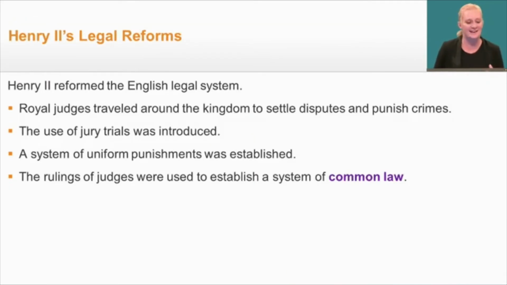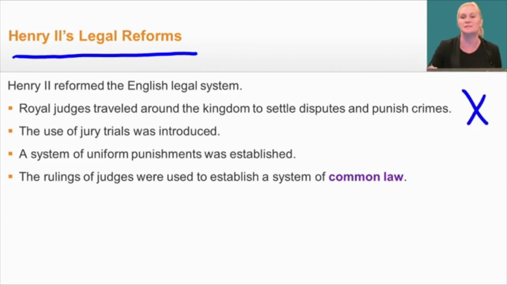Now, Henry II instituted a lot of legal reforms, and some of these legal reforms still stand true in our society today. Let's take a look. Royal judges traveled around kingdoms to settle disputes and to punish crimes. Remember this word right here, that the judges were the ones who settled disputes and they doled out the punishments.